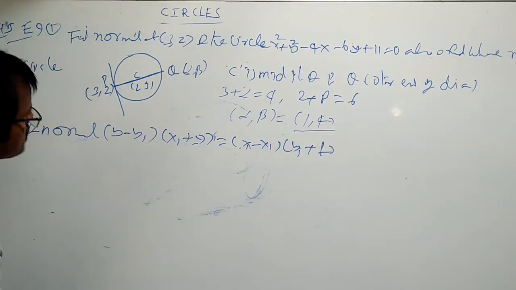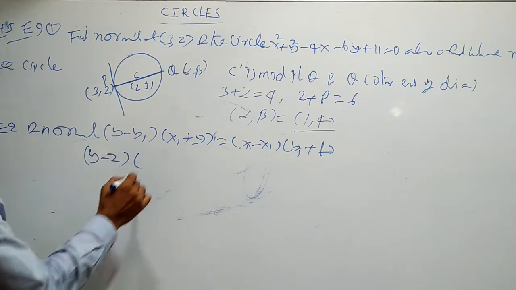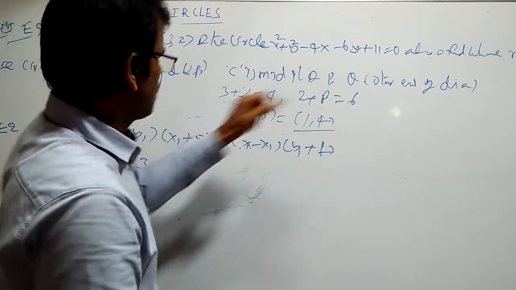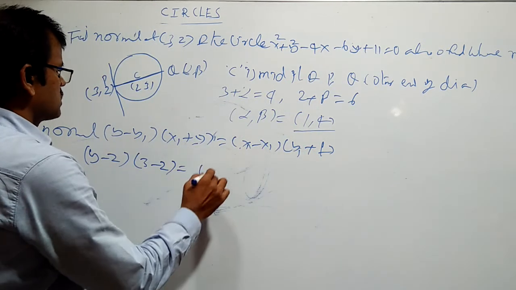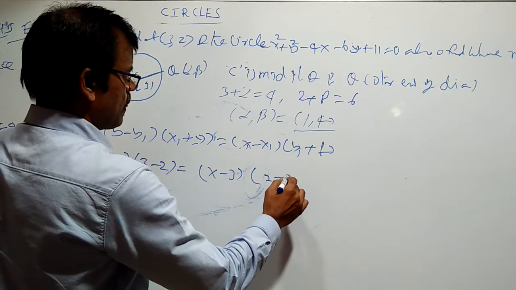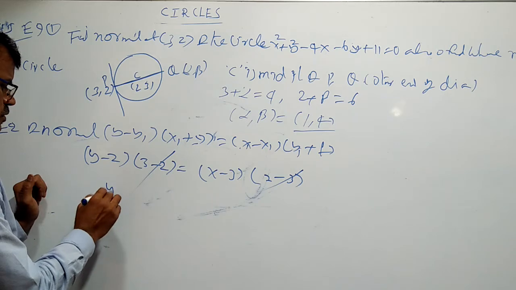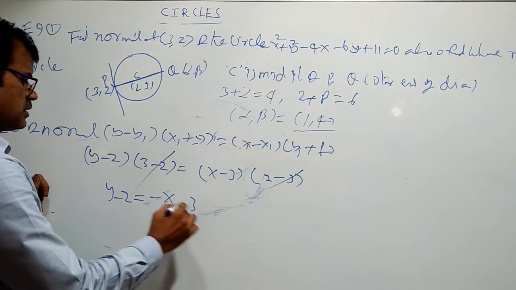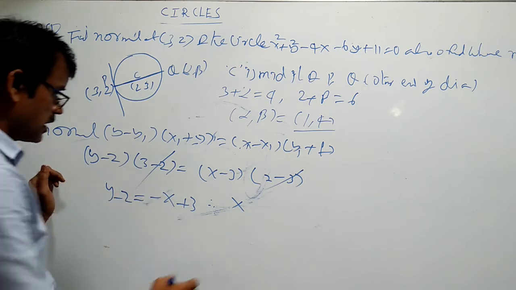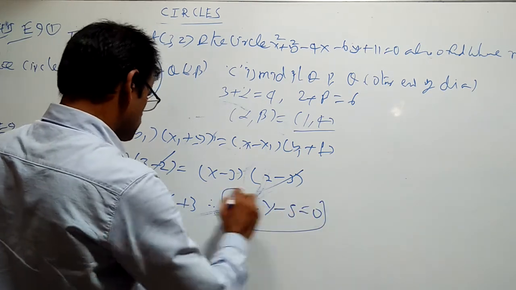With (3, 2), y minus 2 into (3 plus g) is equal to (x minus 3) into (y1 plus f). Here g is minus 2 and f is minus 3, so it is 1 and minus 1. So y minus 2 is equal to minus x plus 3. Therefore the equation of normal is x plus y minus 5 equal to 0.